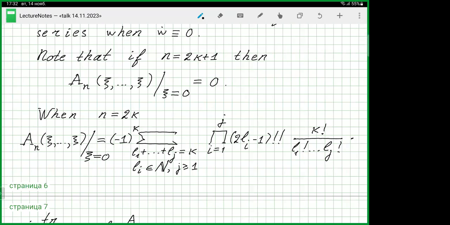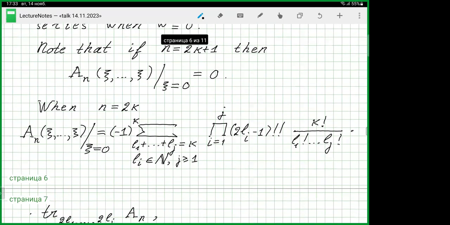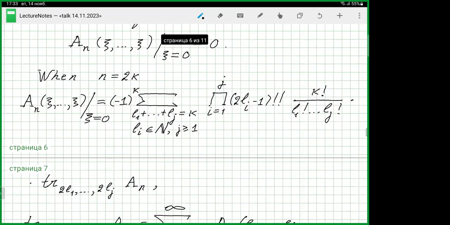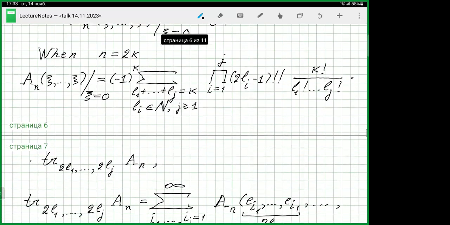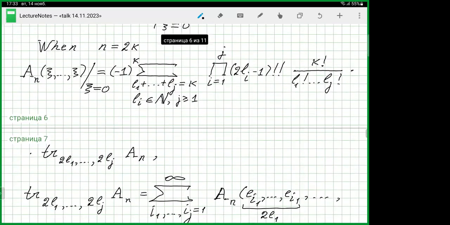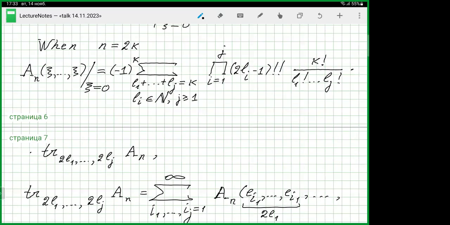But what happens when we have such degree, 2k? In this case, we have a very nice formula for its value at 0, which contains so-called traces of our bilinear or multilinear form. These coefficients came from values at the point 0 of Hermite polynomials.